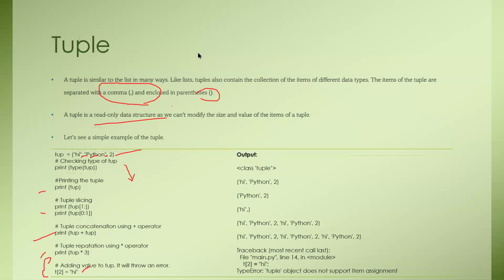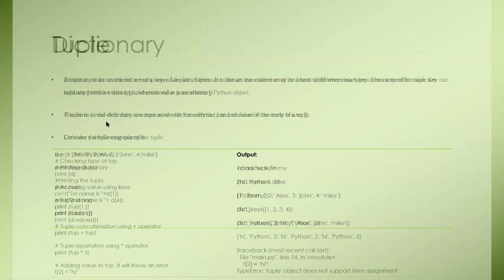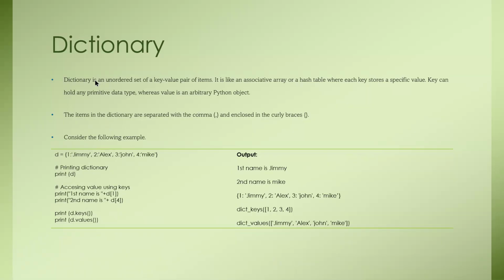Another interesting factor here is the dictionary. A dictionary is considered an unordered set of key value pairs. Remember, I told you we can query data from JSON files or YAML files, which are represented in the form of keys and values. The basic difference between a list and a dictionary is that in a dictionary, the items are maintained in the form of keys and values.